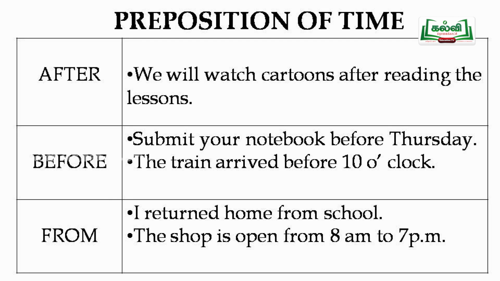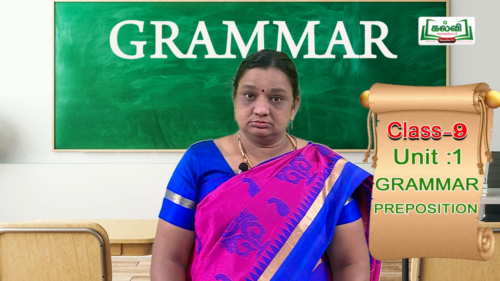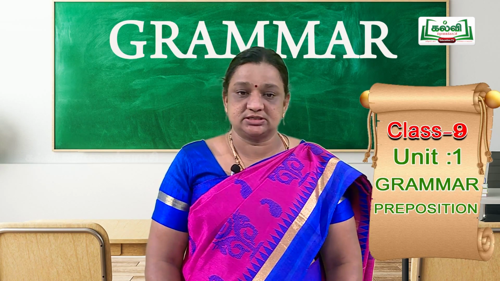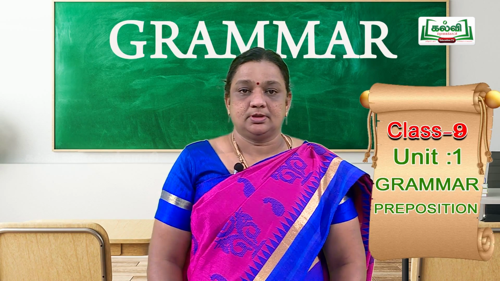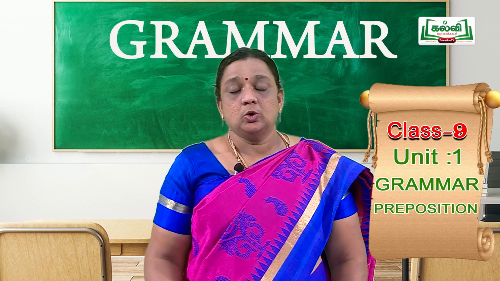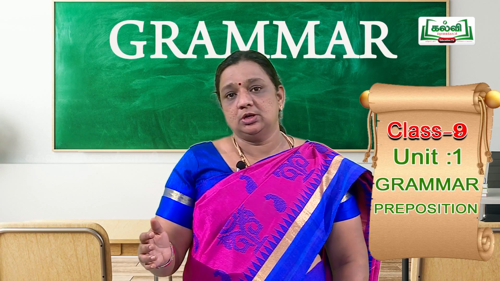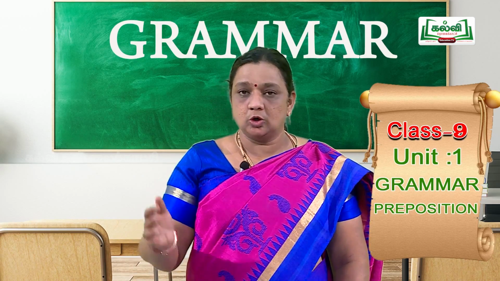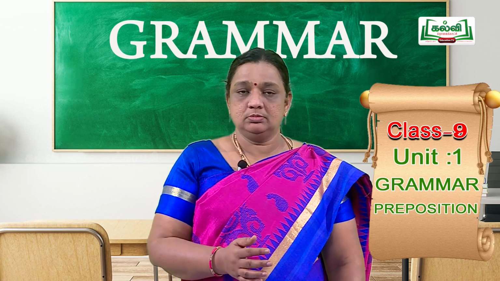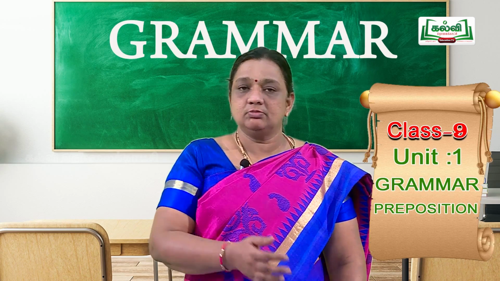From is a preposition we use to indicate the starting point, or from where or when we start. I returned from school. So, we start from school, we walk or we travel all the way home and come home.